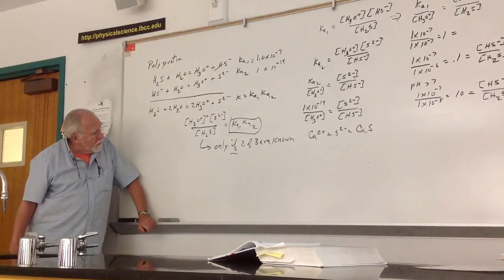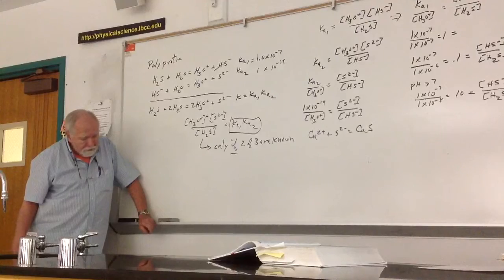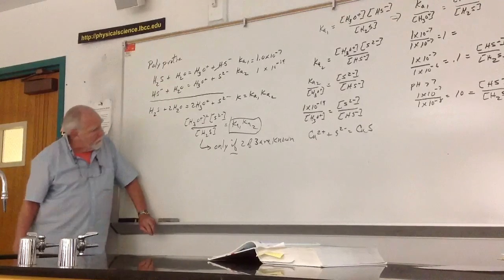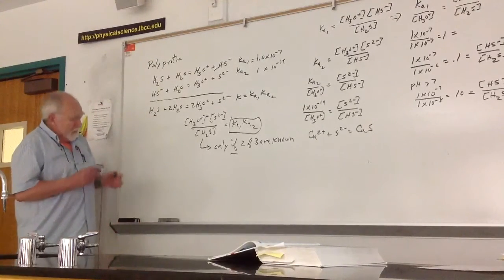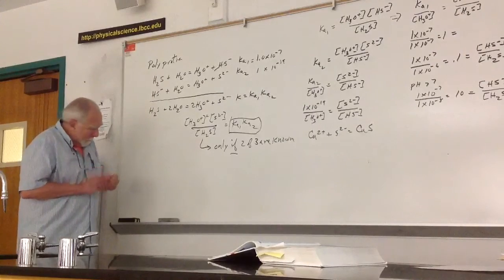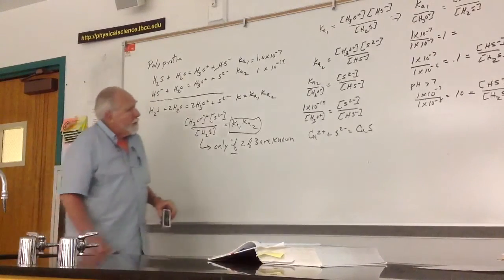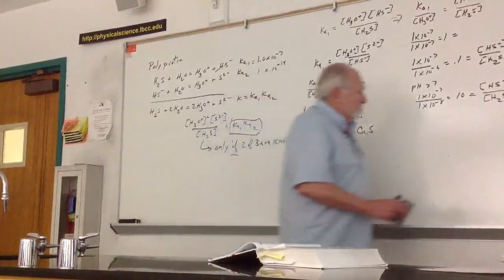So we will use that equation, which will differ a little bit from what the book does when we get to that problem. And the next topic is selective precipitation. Finally got there.